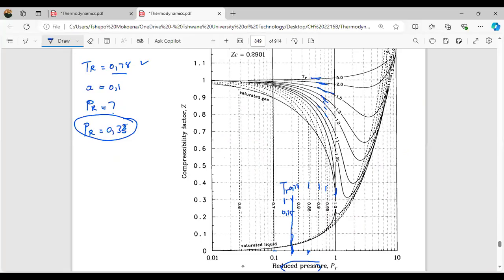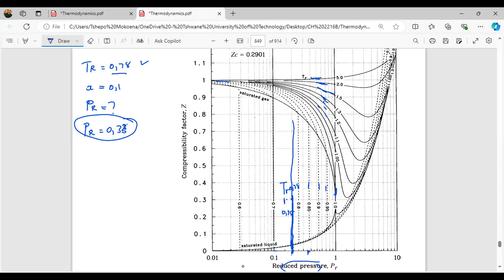So now having a look at this graph over here. On this side, we have the saturated vapor line, or gas, and on this side, we have the saturated liquid line, right? So what's happening here is that, remember, we said our T reduced and our P reduced are along this line over here.